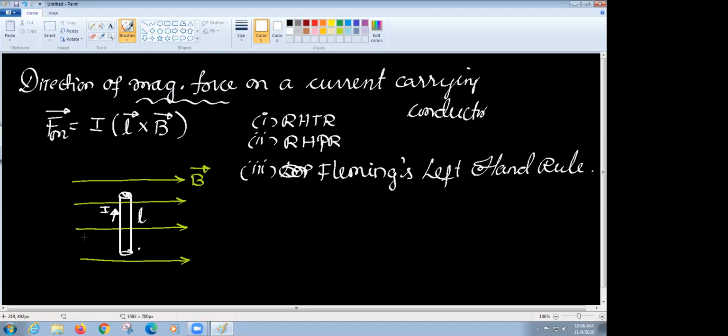Say this current carrying conductor is MN. The current is in the upward direction.